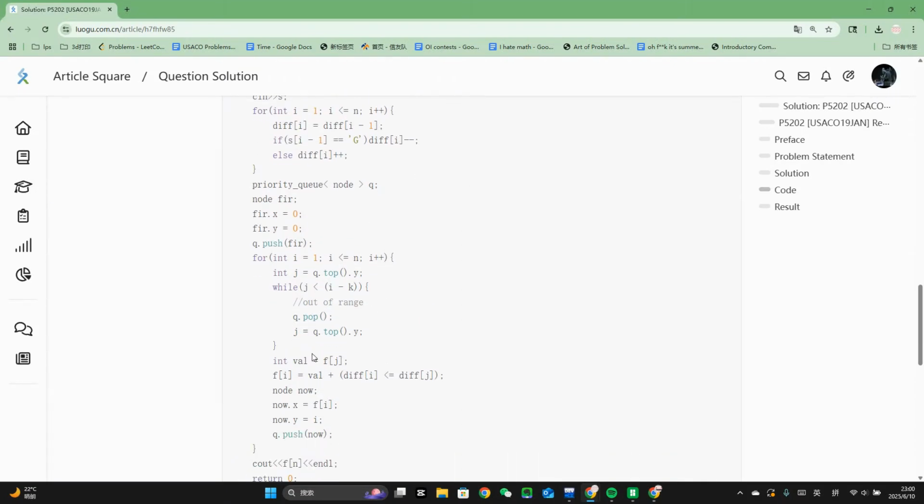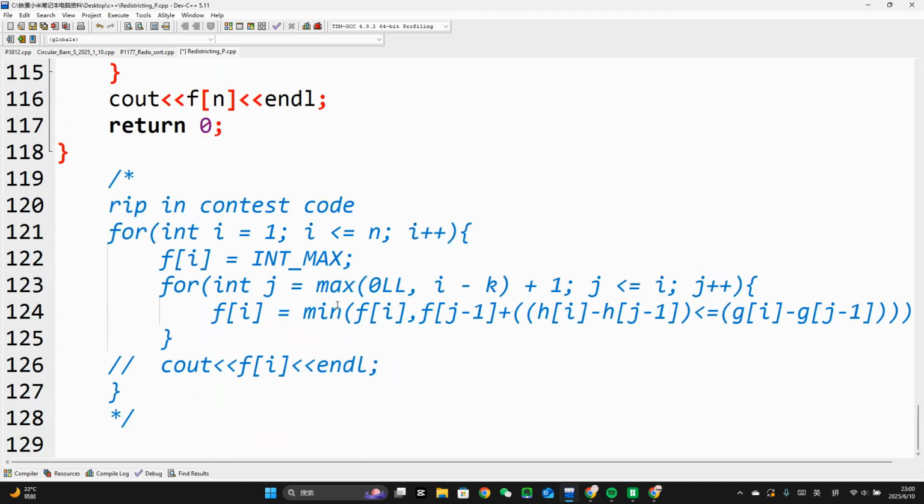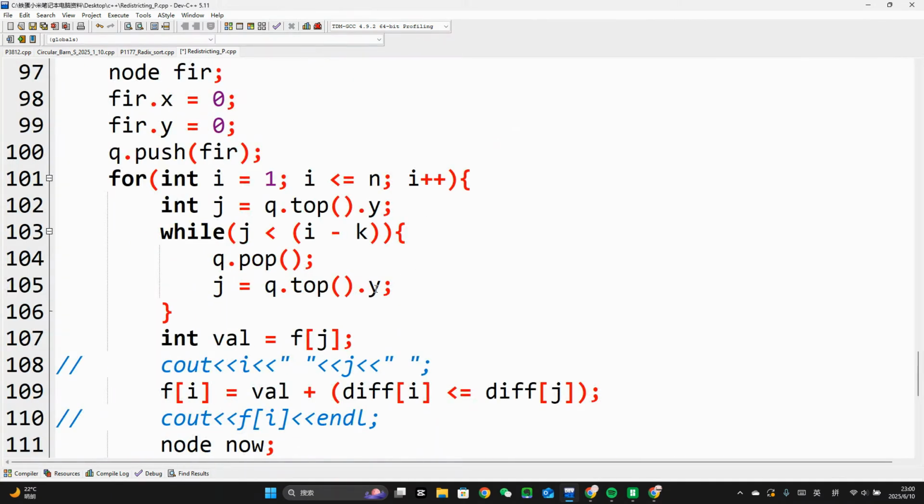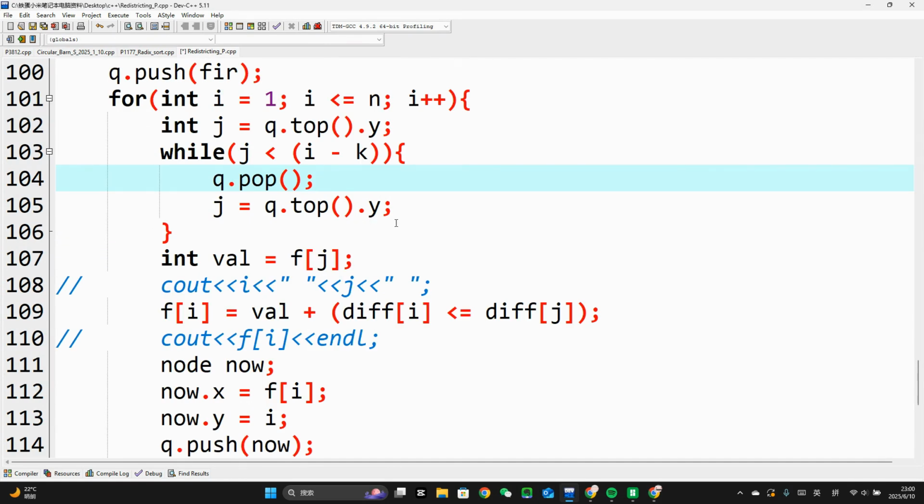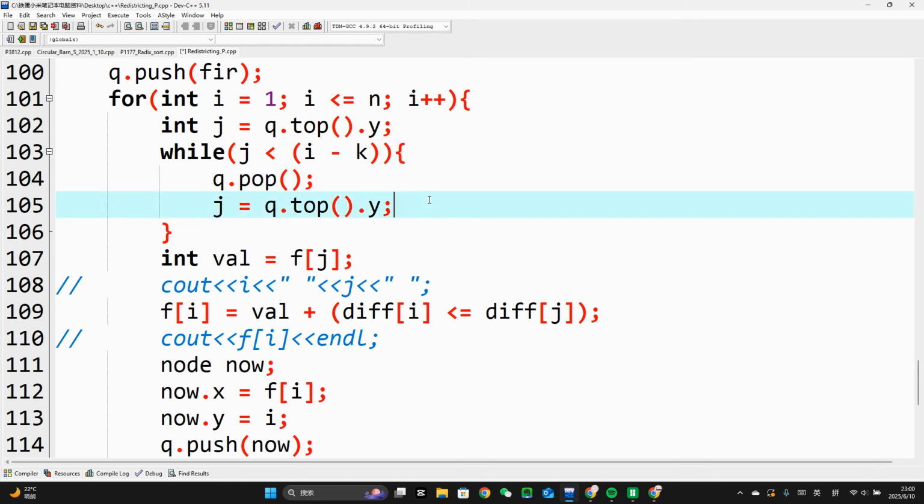The code is really fast. You just push the F into the priority queue every single time, and you pop out the smallest one. Let me pull up my code here. Essentially, the main idea is you still use a priority queue to maintain it just like any other DP. However, since this time there's one more term that can cost at most 1 contribution to the answer, you add that contribution after you're done, because it costs at most 1.